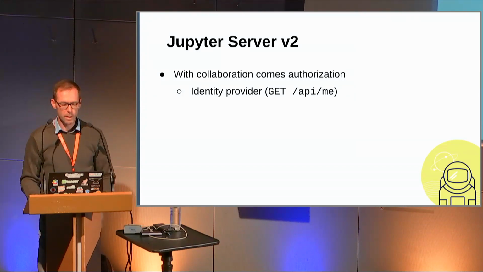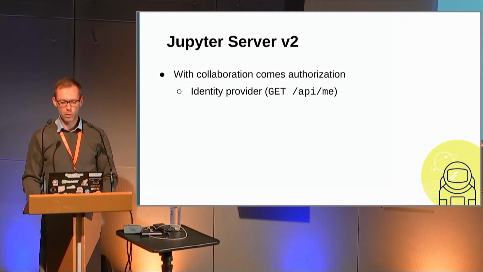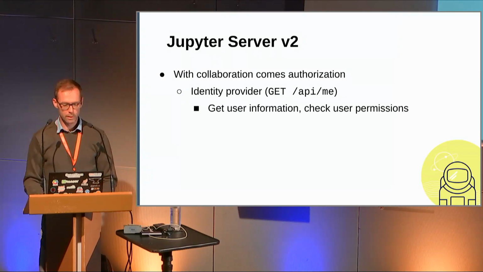For that, we have an identity provider, which is a GET request at /api/me. So JupyterLab, for example, will ask the server, who am I, through this API, and it will get back user information, like the name and so on, and also the permissions that this user has, so that JupyterLab can adapt the UI accordingly and, for example, doesn't even show the possibility to execute a notebook.